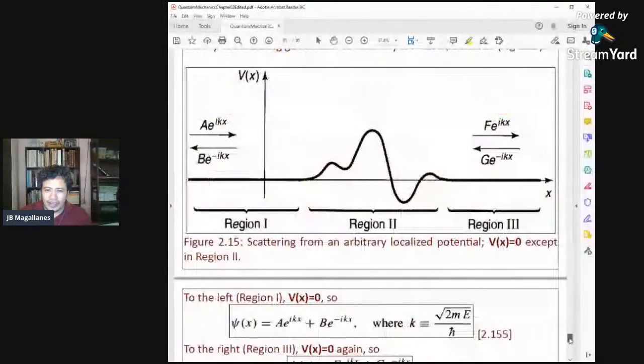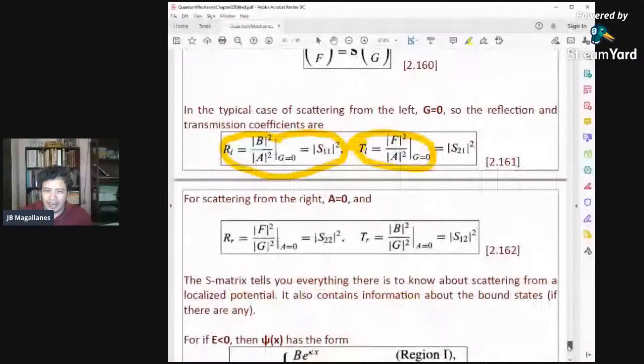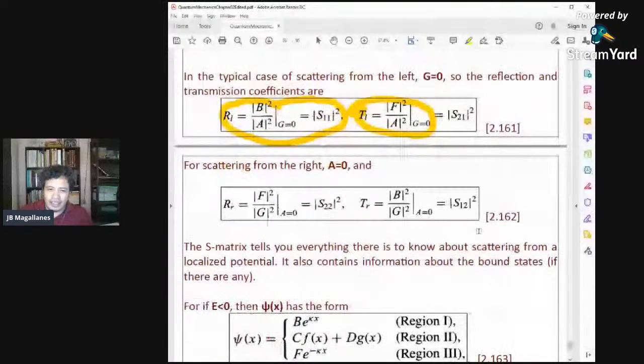I'm sorry, not S12. For the wave coming from the right, G is now not 0, but you have to set A equal to 0. And these are also the elements of the matrix.